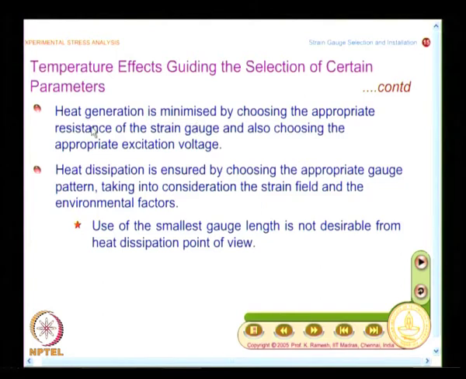How do I minimize the generation of heat? You can choose an appropriate resistance of the strain gauge and also choose the appropriate excitation voltage. In 2 or 3 classes before, we have looked at how to select the bridge excitation voltage.